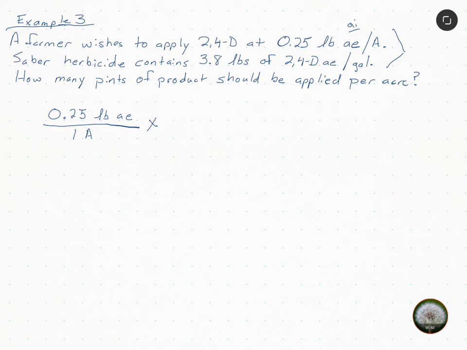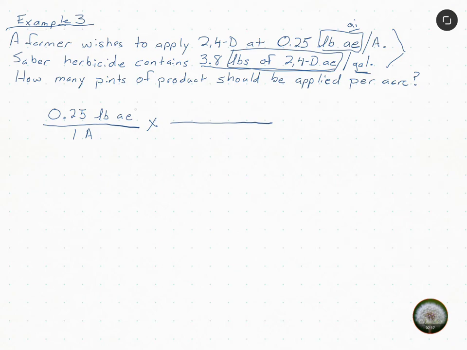And then we also know that Saber herbicide contains 3.8 pounds of acid equivalent per gallon of product. And so we're going to write another ratio for that particular line. And because we already have pounds of AE and pounds of AE in both of these statements, we're going to set this up so that those two units cancel out.